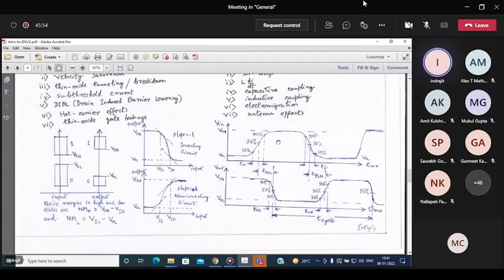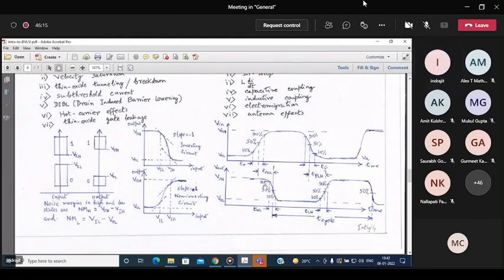And the 90% point will be 4.5, right? So the time taken by the signal to rise from 0.5 volt to 4.5 volt will be TR. Similarly, the time taken by the signal to come down from 4.5 volt to 0.5 volt is the TF, or the falling time. This is the rising time, this is the falling time.